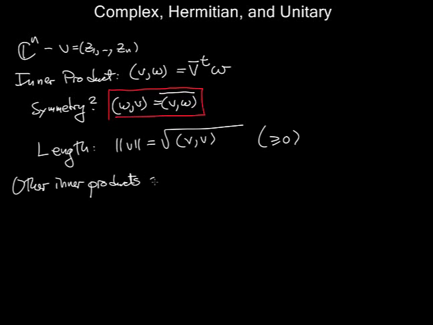And just like in the real case, there are other inner products which satisfy these properties. And you define them in a similar way. How do you define an inner product satisfying this thing?